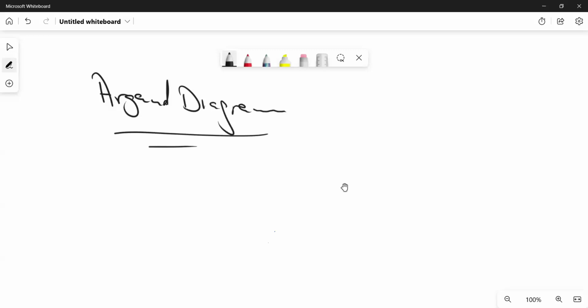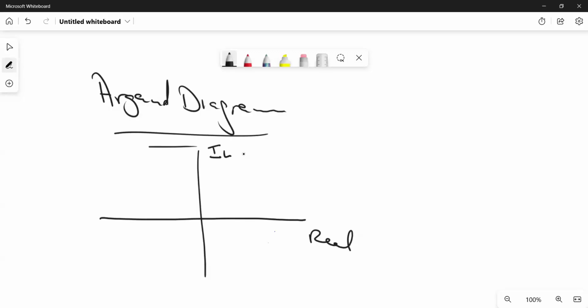So instead of having X and Y, they say that this here is the real line, and this vertical axis is what we'll call the imaginary axis, right? So if you have a complex number like 3 plus 2i, you plot the real part, down here is 3, and down here is 2.